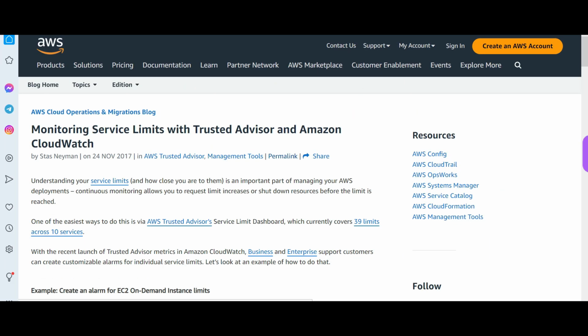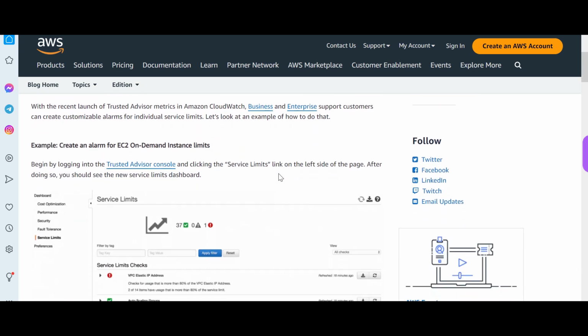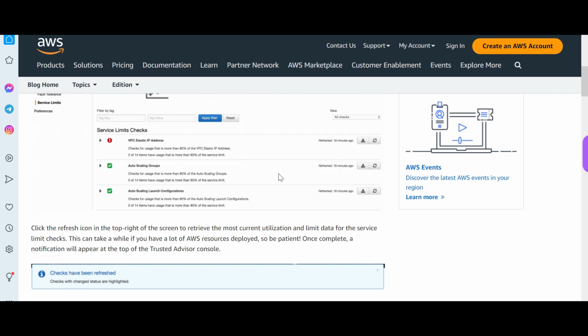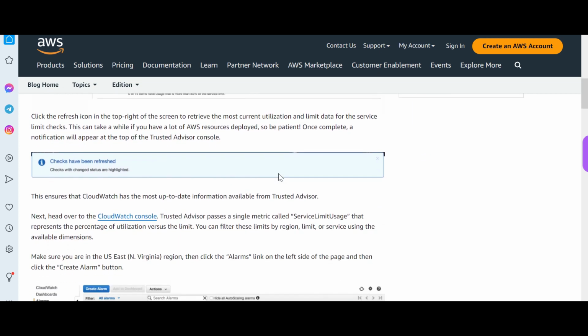So the service which will help you is Trusted Advisor. This is an article, a blog, which helps you monitor service limits using Trusted Advisor and CloudWatch. If you read this article, you can pause this video and read it. It will help you build this concept.